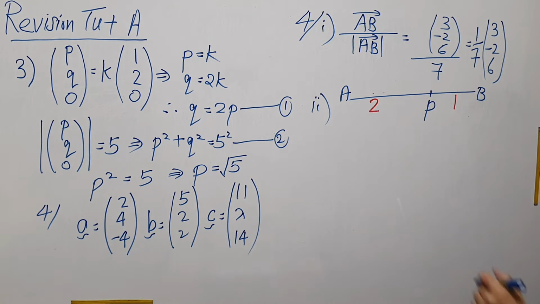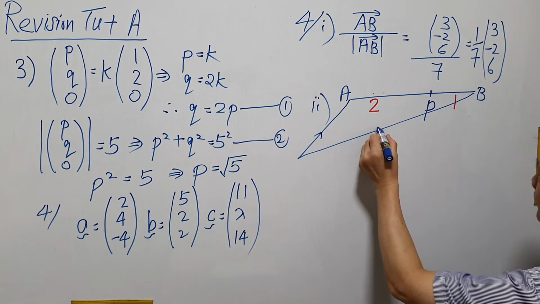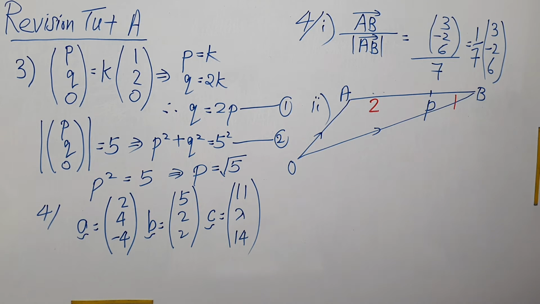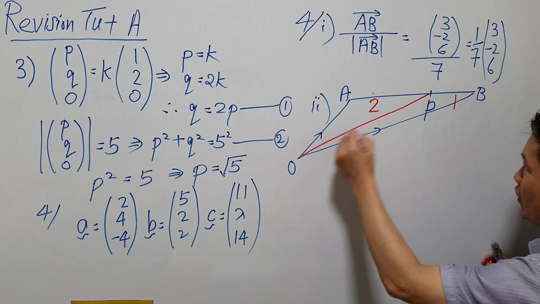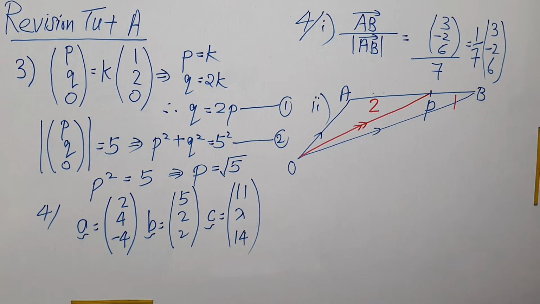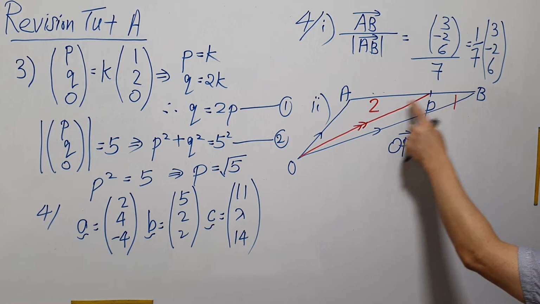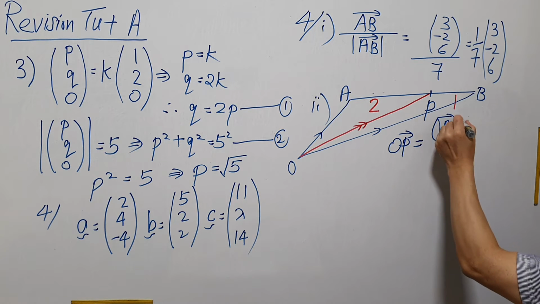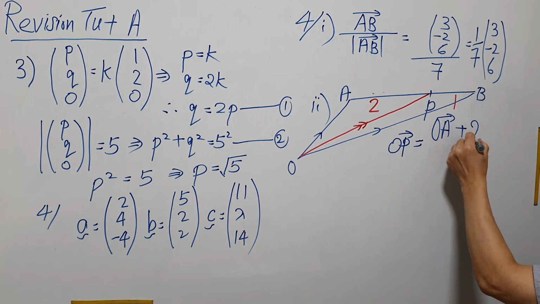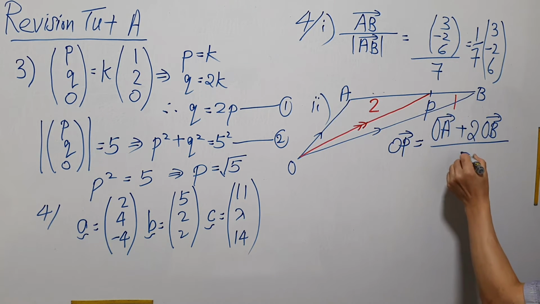We have learned that if you have a vector OA and then a vector OB, to find the vector P in between and in a certain ratio, we can use the so-called ratio theorem. How do you find the vector OP using the ratio theorem? The ratio theorem tells me that you take this ratio of 1 times OA, so it's just OA, plus this ratio of 2 times OB, and then you divide by the sum of these two numbers, which is 3.